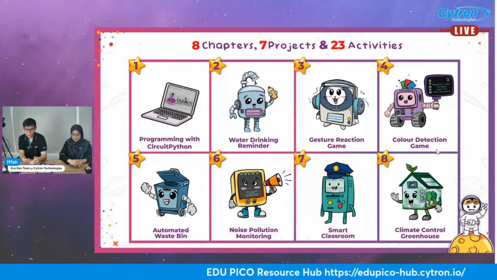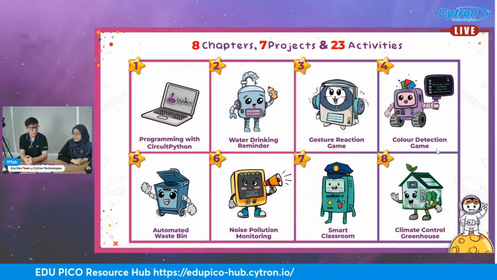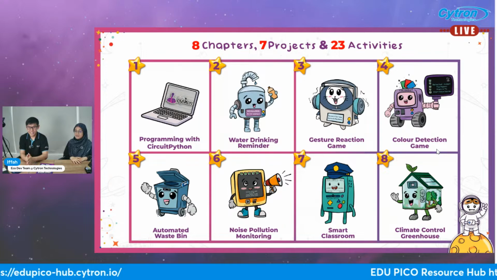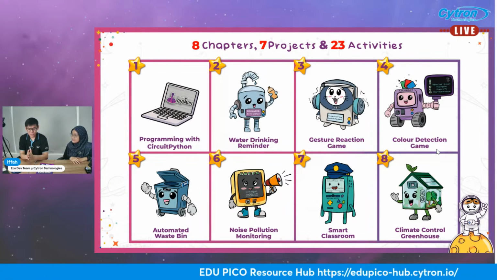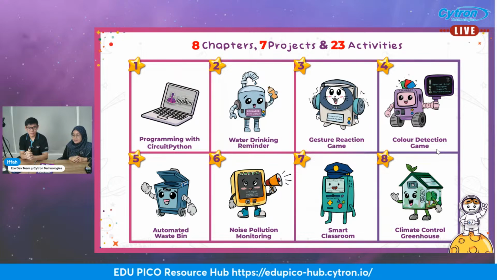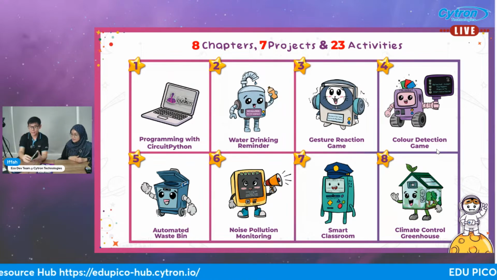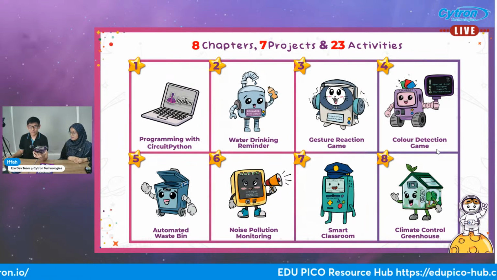Okay, you have to go through the comic to understand why you need to build the project before you build the project. In a fun way, right? Using comics. Okay, so let's start with our first chapter, programming with CircuitPython. I hope all of you are ready. Have an EDU PICO with you. Okay, and let's go.